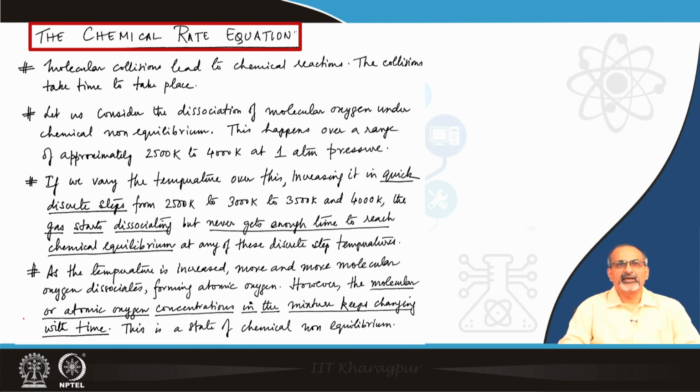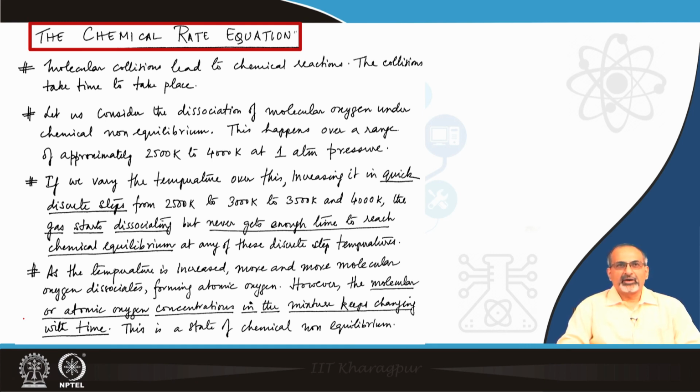We once again recall that molecular collisions are absolutely essential for chemical reactions to take place, and if you consider the dissociation of molecular oxygen as a test case, if you are raising it at 1 atm pressure from a temperature of about 2000 or 2500 Kelvin onwards up to 4000 Kelvin, you will see a gradually dissociating gas, and if you do not allow it enough time to settle to its equilibrium conditions, then you will be basically taking it through a non-equilibrium situation.